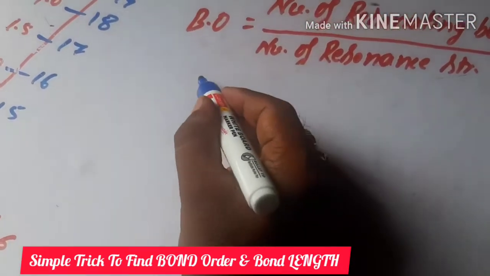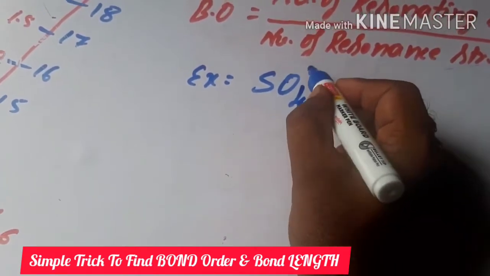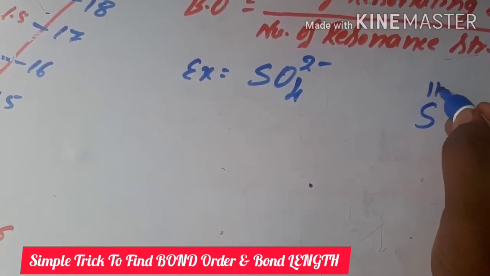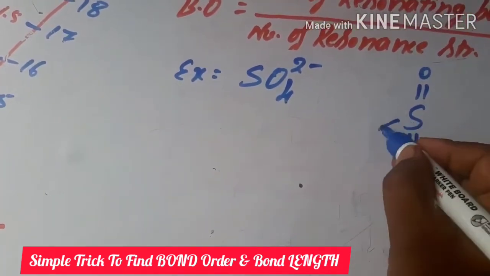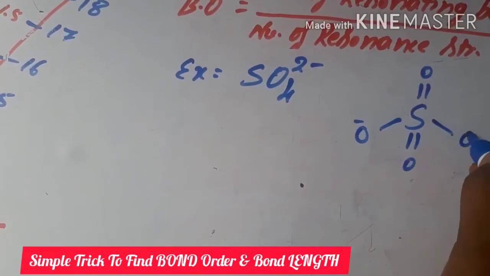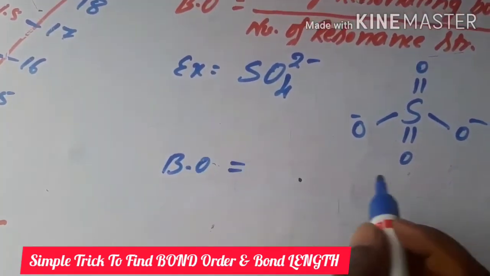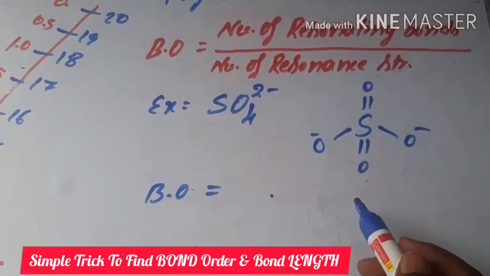In the second example, SO4 2 minus, you can write it like this: double bond O, double bond O, O minus, and O minus. Then bond order equals total number of bonds, that is the number of resonating bonds.